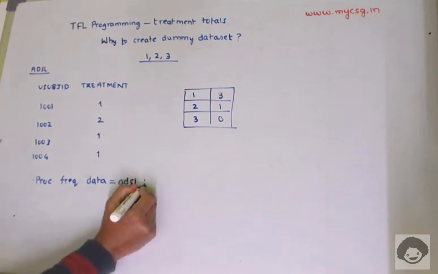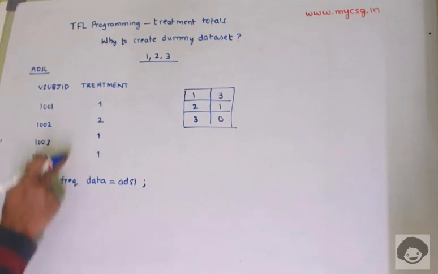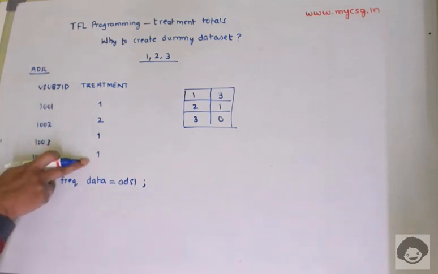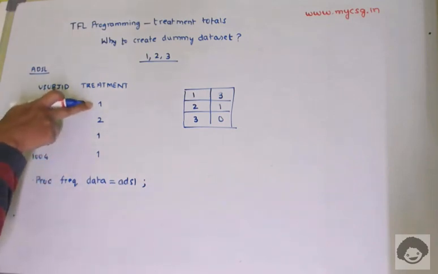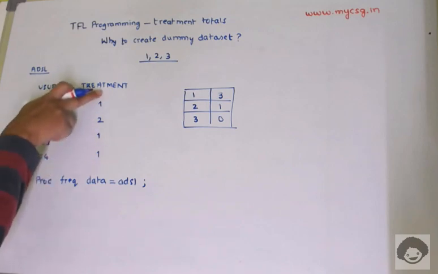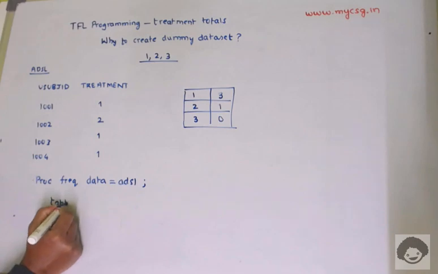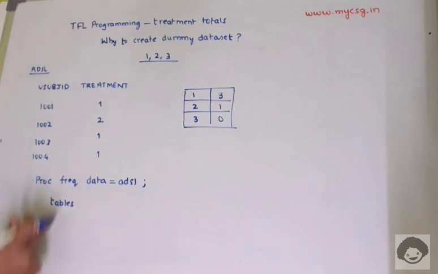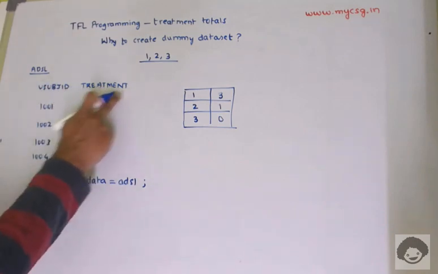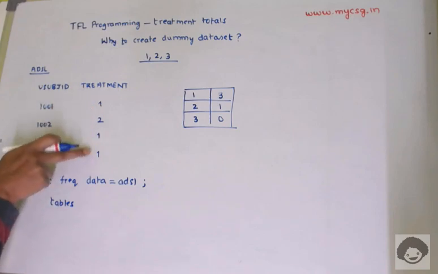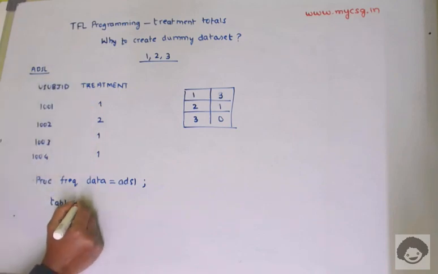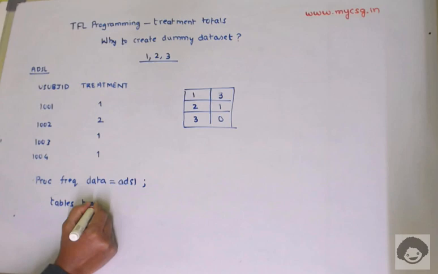Then, to obtain the counts for each unique value present in a particular variable, we need to specify that variable name on a TABLES statement. Here we need to count the instances of each unique value in the treatment variable, so we specify treatment here.